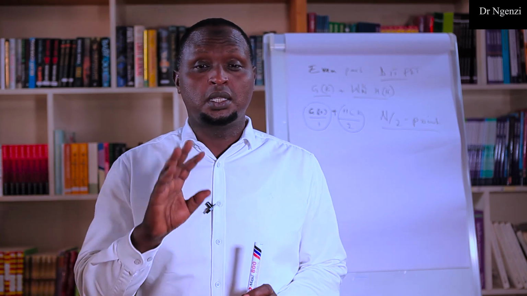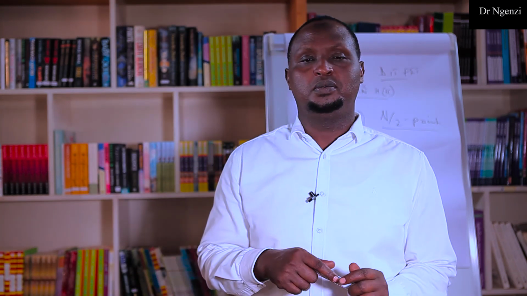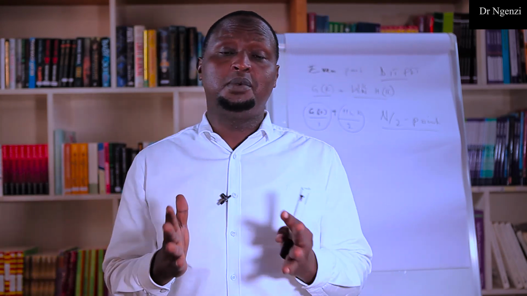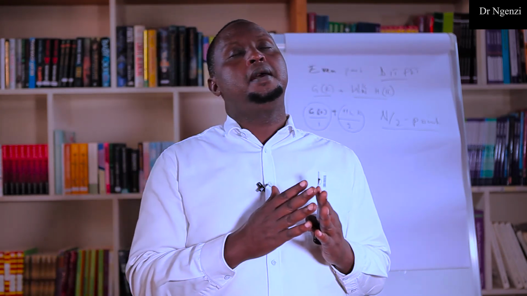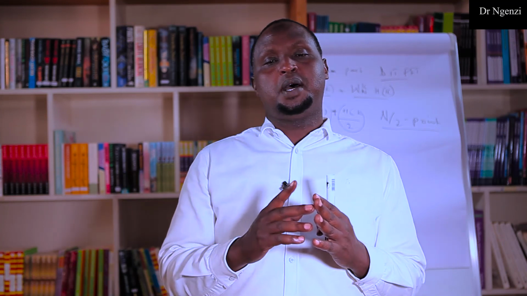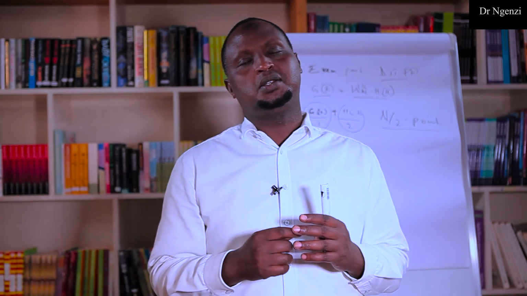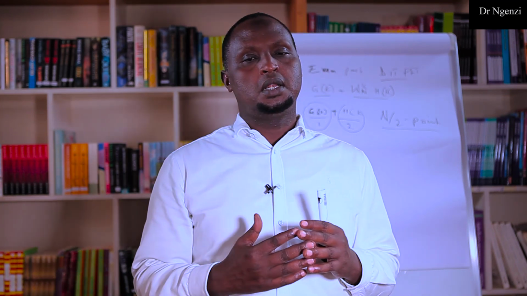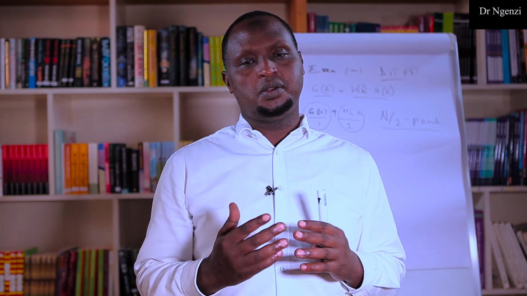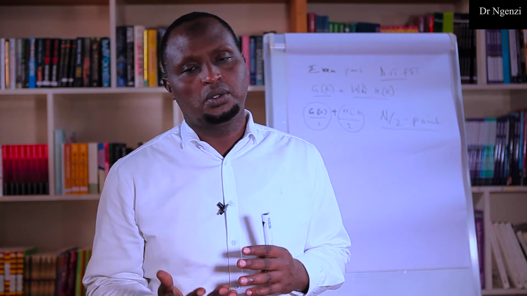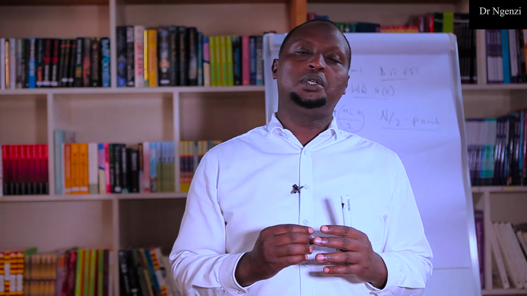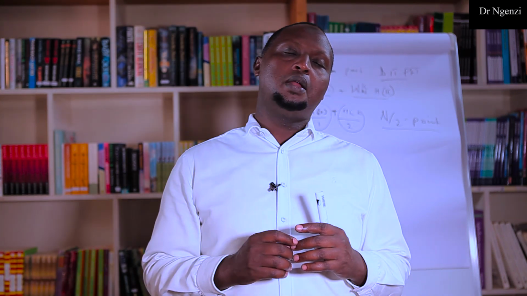So there are three main points here that we have to make. First of all, you have to break them into even numbers and odd numbers. For the even numbers, we consider small n as 2r. The second portion is the odd values, where small n is going to be 2r plus 1.